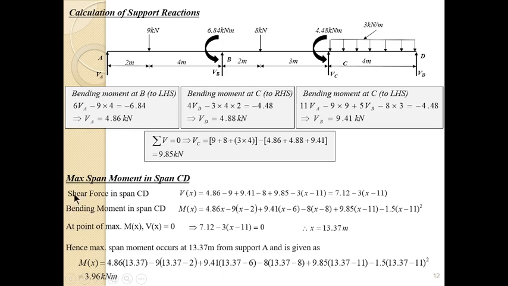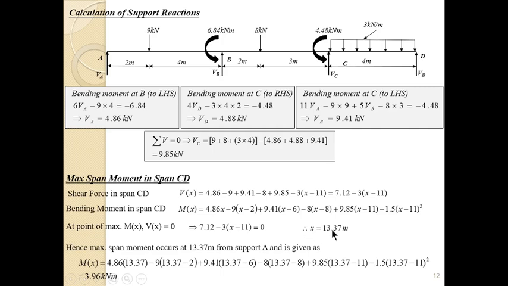This is the shear force equation for that span, and this is the bending moment equation for that span. Then you use the concept that at the point of maximum bending moment, shear force is 0. So you go to the shear force equation, equate it to 0 and solve for the unknown x.